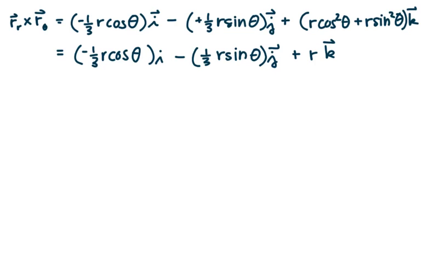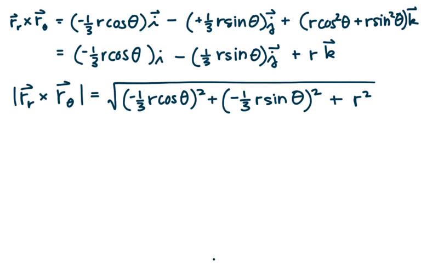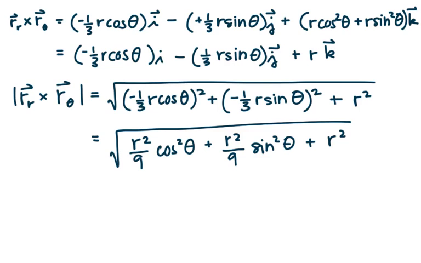So now we need the magnitude of this cross product. Taking each component, squaring it, and then the sum, we're going to simplify a little bit. That's going to give us 1/9 r squared cosine squared theta, 1/9 r squared sine squared theta, and then plus this r squared, which looks like this.